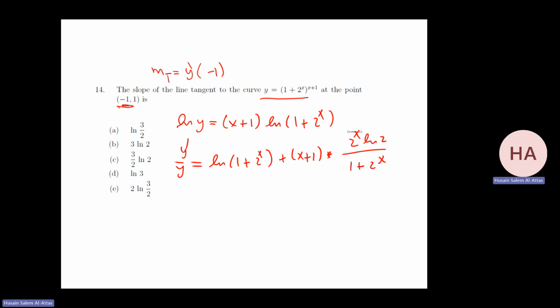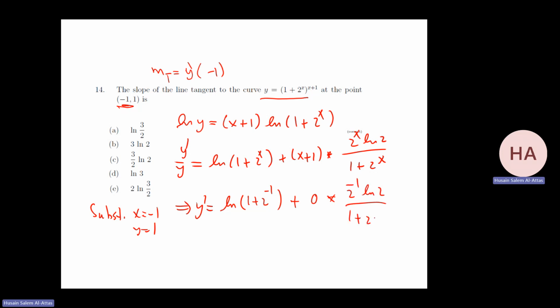Okay, I have the point. So substitute x equals minus 1, y equals 1 to get what? Y prime. This is 1. Ln(1 plus 2 to the minus 1)... Plus, this is minus 1 plus 1, that will be 0. 2 to the minus 1 is a half, then 2 to the minus 1 over 1 plus 2 to the minus 1.